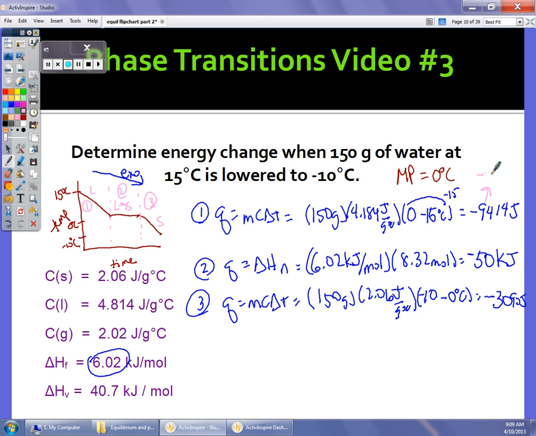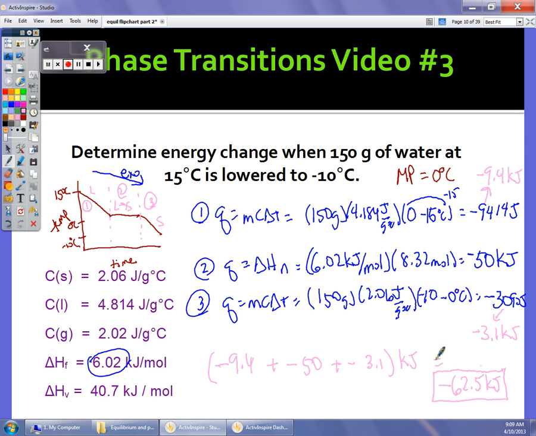This will become negative 9.4 kilojoules, and this one is negative 3.1 kilojoules. So your overall answer, negative 9.4 plus negative 50 plus negative 3.1 gives me an overall value of negative 62.5 kilojoules.